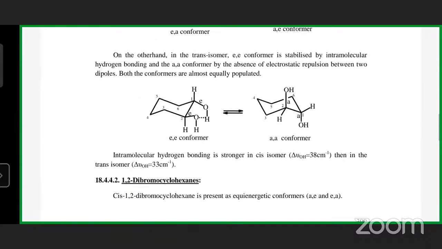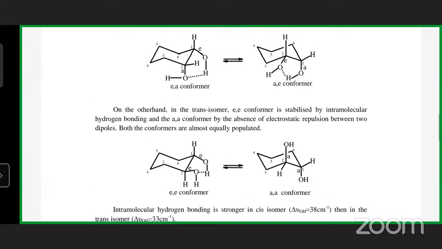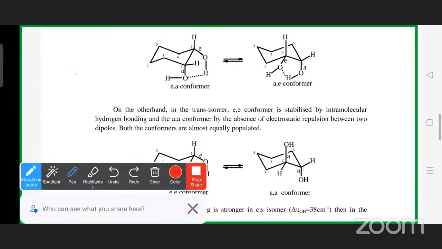Right? So the stability order of this particular dihydroxycyclohexane, you can explain where the particular axial-equatorial and diequatorial, both will be equal. The stability order is axial-equatorial equal to diequatorial, then diaxial.